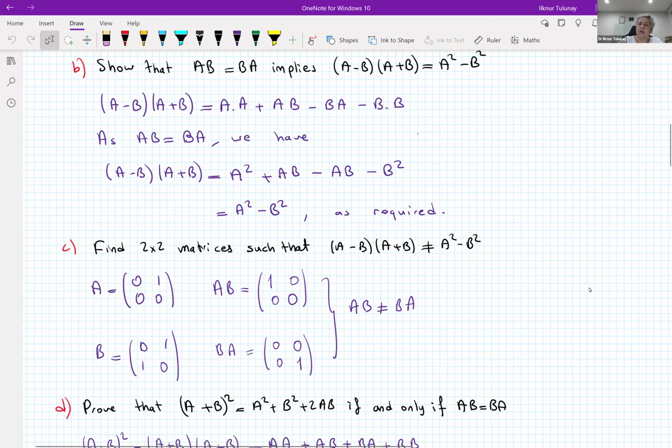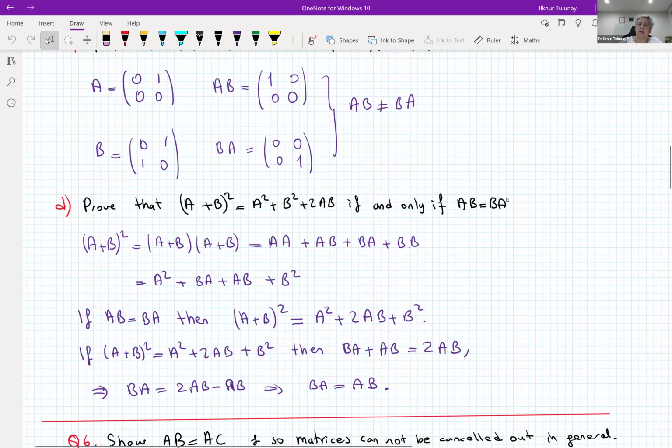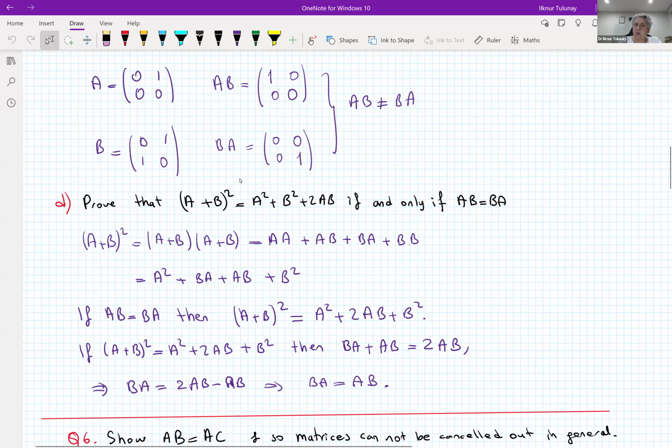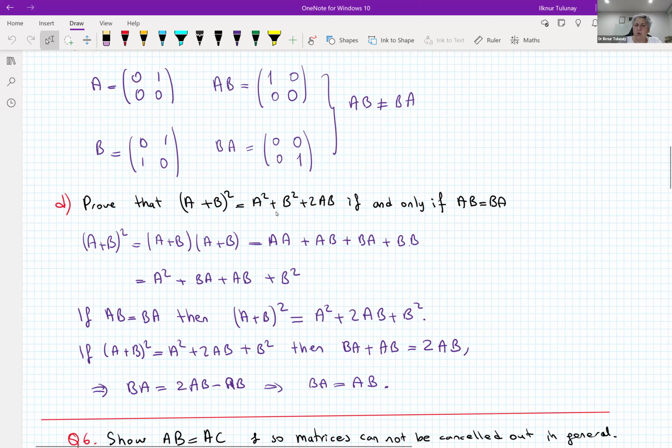We can move on. Let's prove that (A plus B) squared is equal to A squared plus B squared plus 2AB if and only if AB is equal to BA. If these matrices are commutative, then this algebraic equality will make sense. Let's start from the left-hand side. (A plus B) squared is (A plus B)(A plus B), so I'm applying the distributive law.